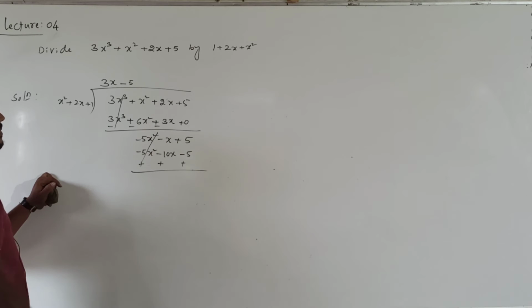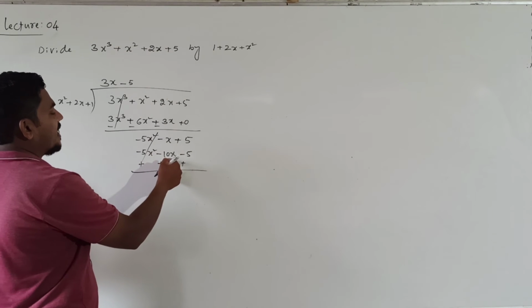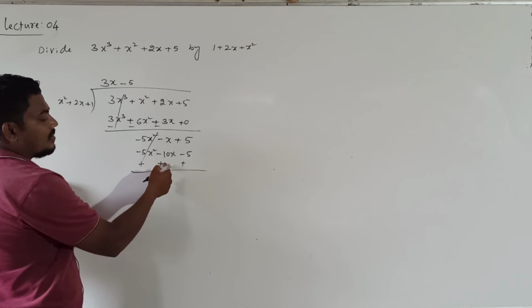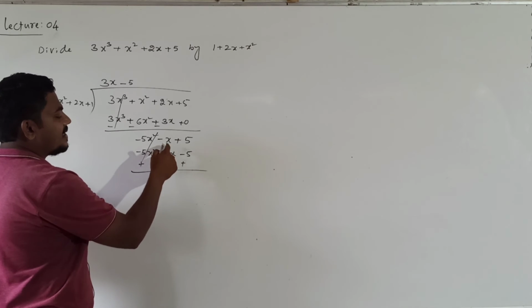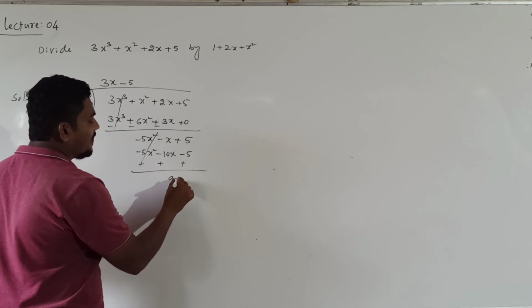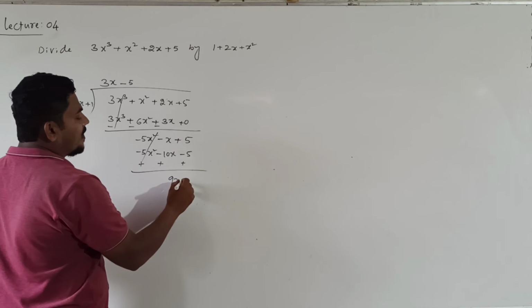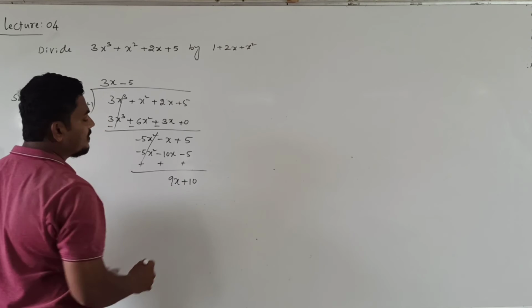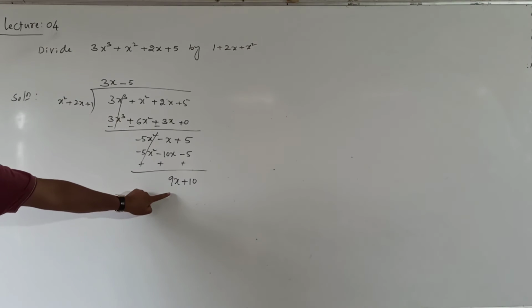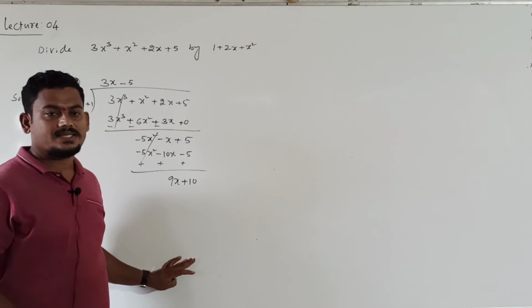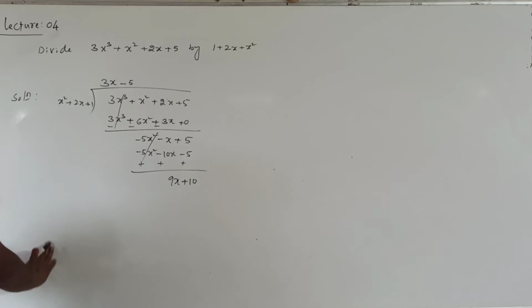Now these two terms will get cancelled. Minus x plus 10x, that is plus 9x, plus 5 plus 5, that is plus 10. Now clearly degree of remainder is less than divisor. Now stop this process.